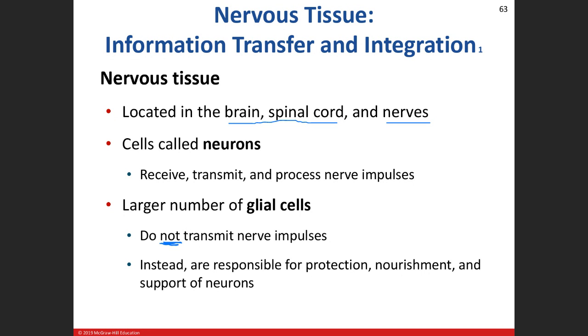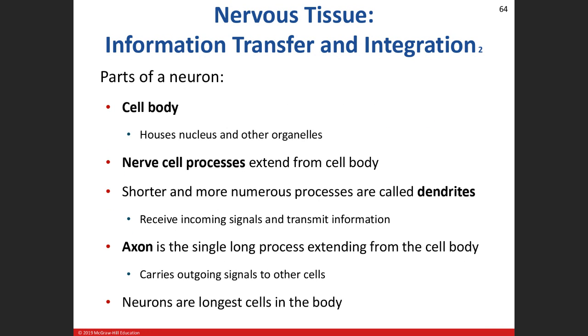It's really interesting because if there's a considerable amount of damage to the nervous tissue, and the neurons do die and degenerate, then the glial cells will fill in and form a scar-like tissue in the absence of the neurons.